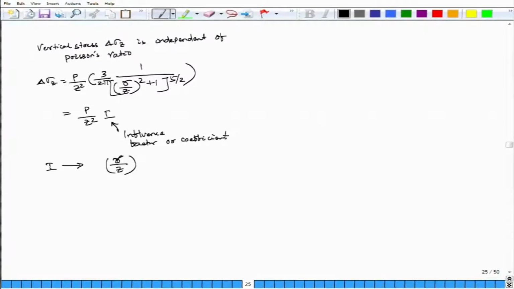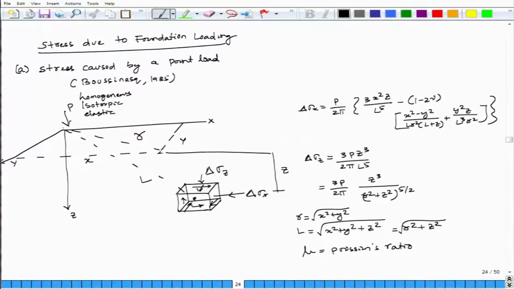So, when r is equal to 0, at that point the influence factor I is equal to 0.4775. This is the vertical stress directly below the point load, r is equal to 0, just at this point.